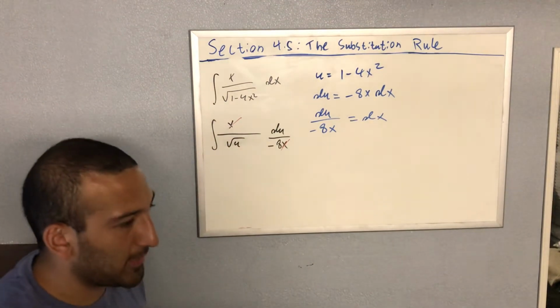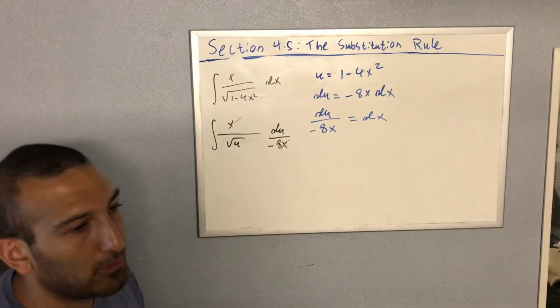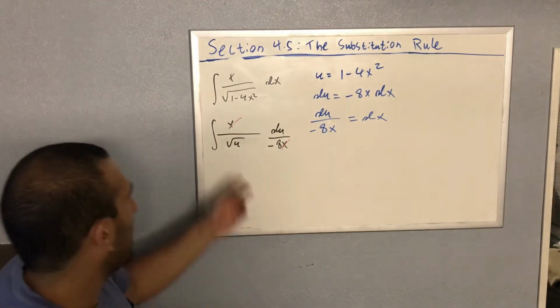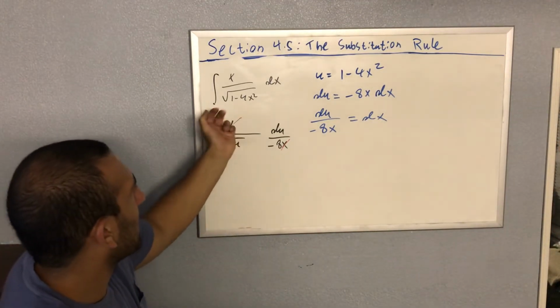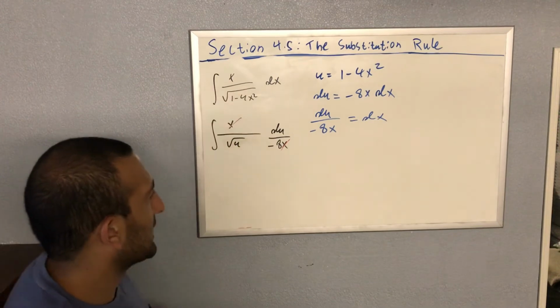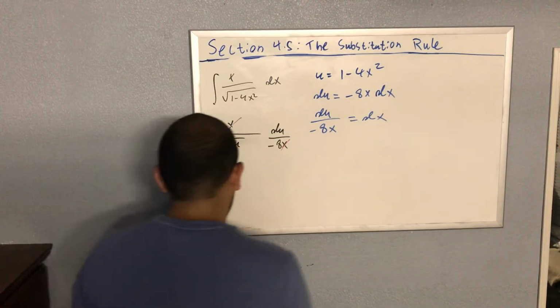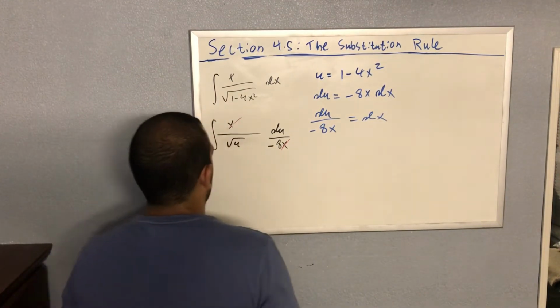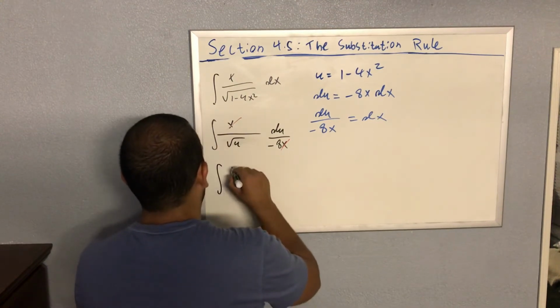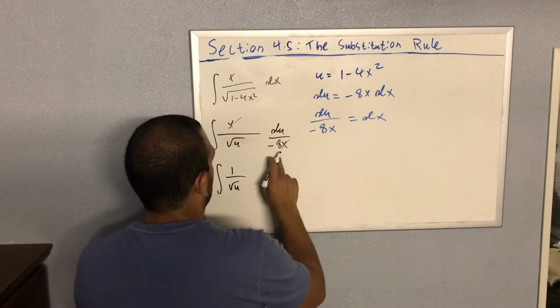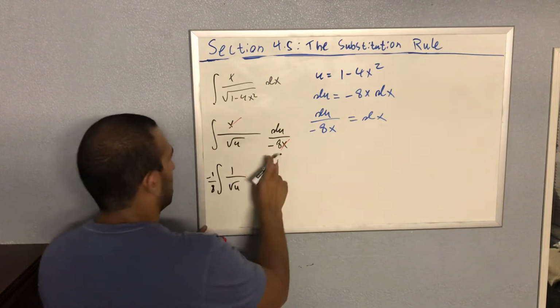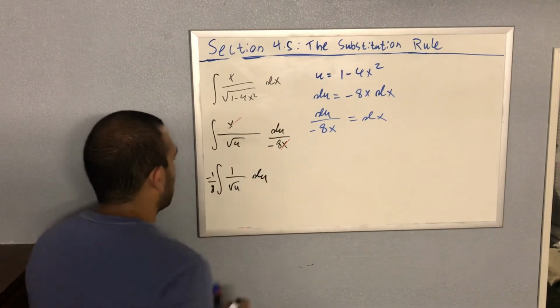And again, when I pick a choice of u, I'm going to divide by its derivative. You know the derivative of this is negative 8x. When you divide by that, you can see it cancels with the x. So then this is the integral of 1 over root u. You get a negative 1/8 out in front because of this guy, du.